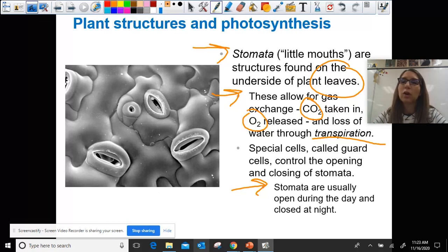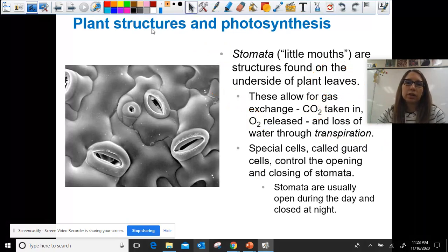Okay, so they open during the day to absorb CO2 and release oxygen, and then they close during the night when there's no sunlight. They could absorb CO2 and oxygen, but if they were open at nighttime, they couldn't fully complete the process of photosynthesis, right? So better to be open when you have all the reactants that you need and the sunlight that you need to be able to do the full process, okay?